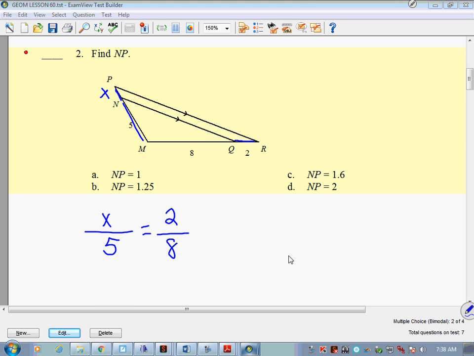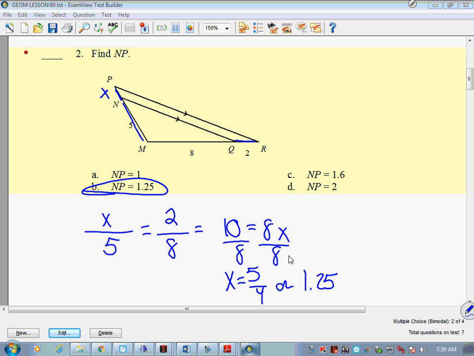Cross multiply and divide. So 10 equals 8x. Divide by 8. x equals 10 eighths. 10 eighths would be 5 fourths, or 1.25. 1.25 should be right there.